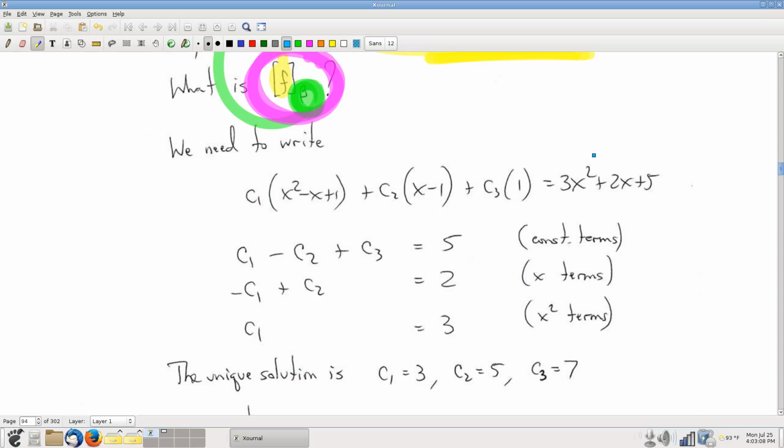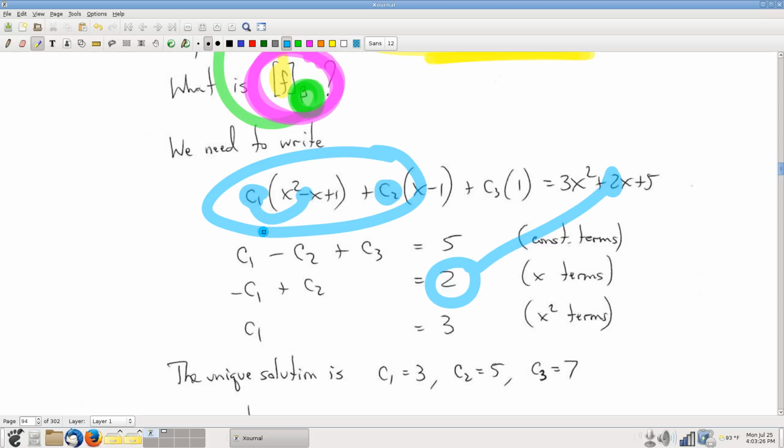Okay. Similarly, let's count x terms. There are 2 x's on the right, and there are, well, now let's be careful here, there's minus C1 and C2. Those are the x terms that are on the left.